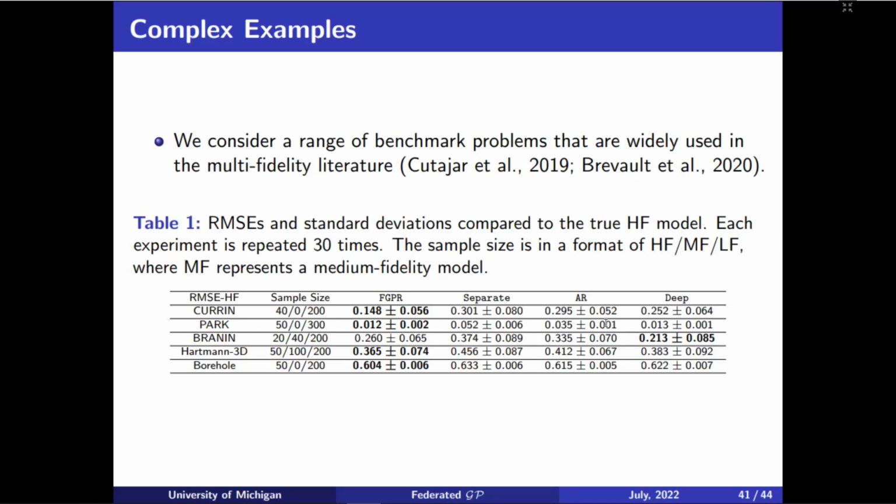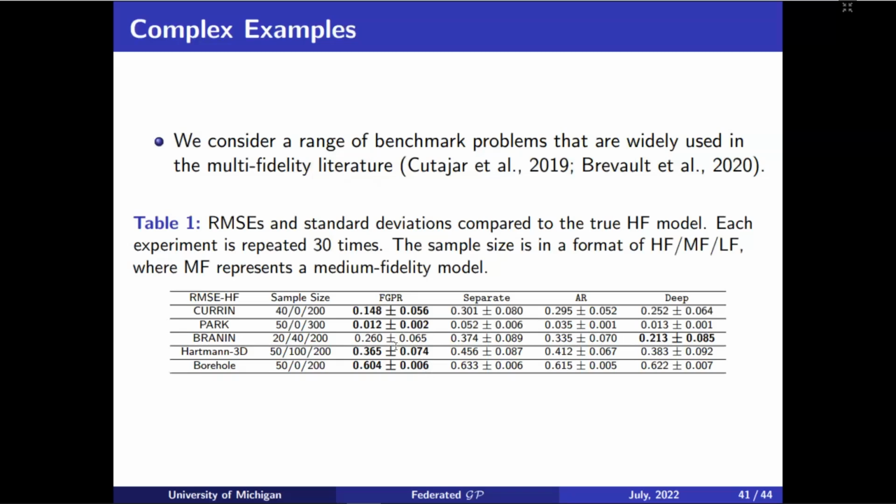Note that the AR benchmark and the deep benchmark cannot be applied to the federated setting because they need to share the data with each other. Therefore, in those benchmark models, we assume the different fidelities can share the data with each other. However, in our setting, the devices will not share the data with the central server.